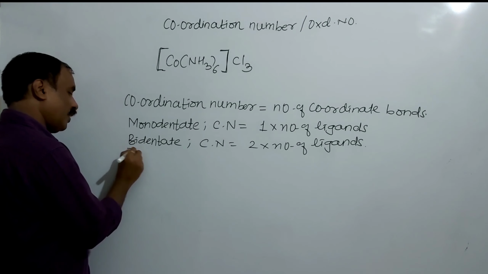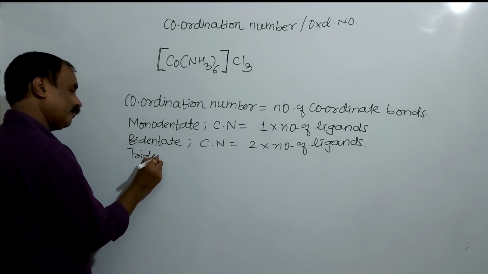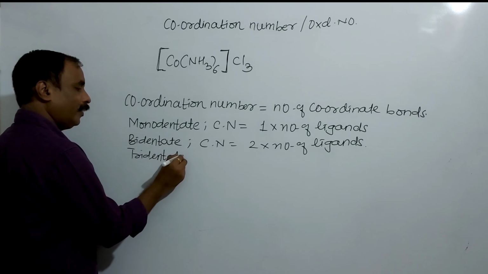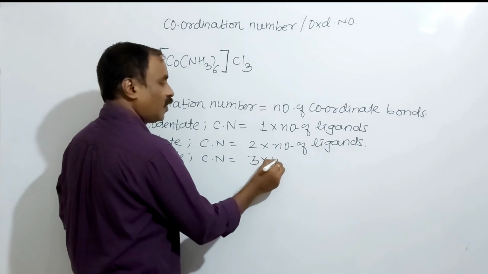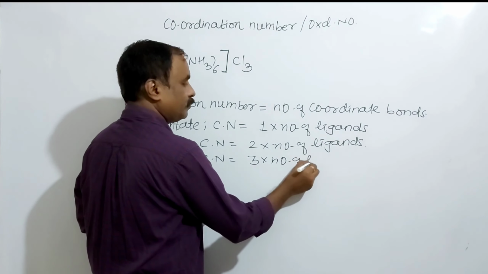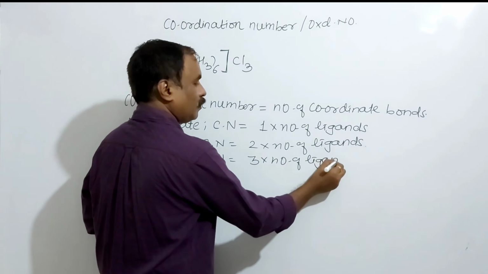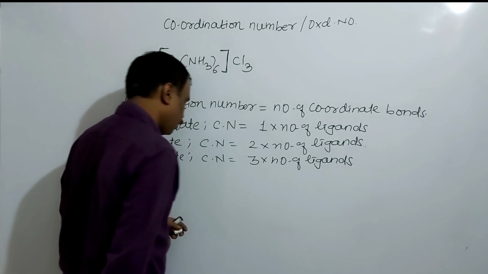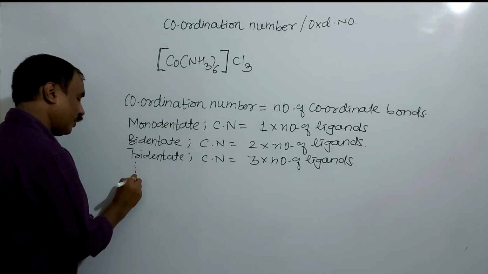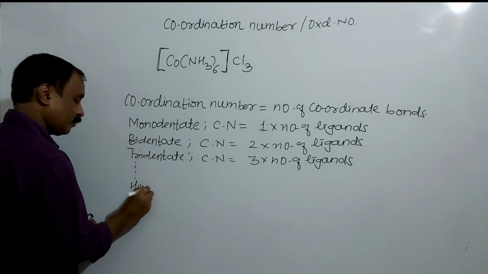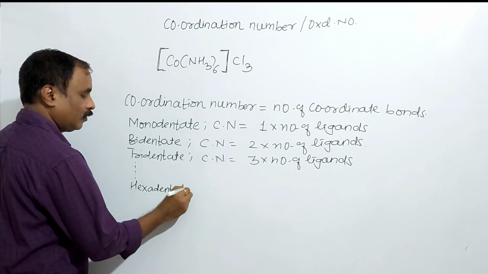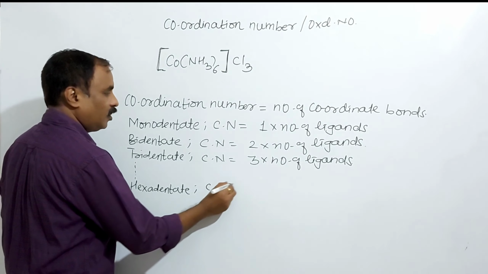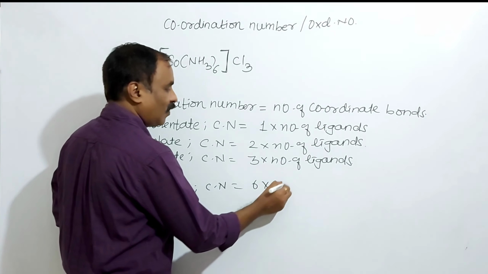If ligands are tridentate, then coordination number is equal to 3 into number of ligands. If it is hexadentate, then coordination number is equal to 6 into number of ligands.